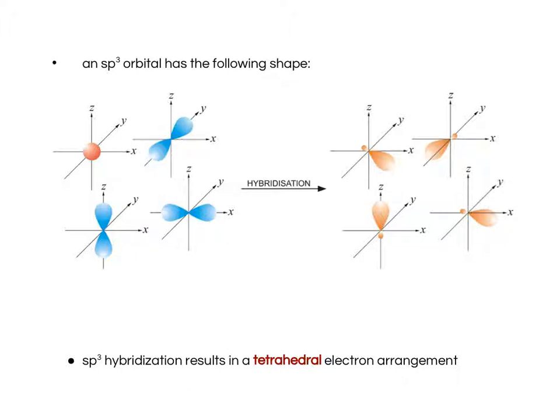But how does that work with these sp3 orbitals? Well, let me see if I can pull this off here. I'm going to try to trace here. I can already see this is kind of failing, but let me see.